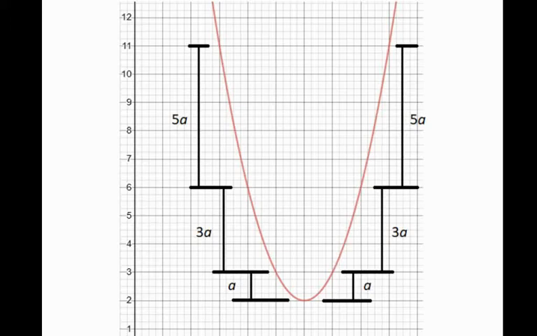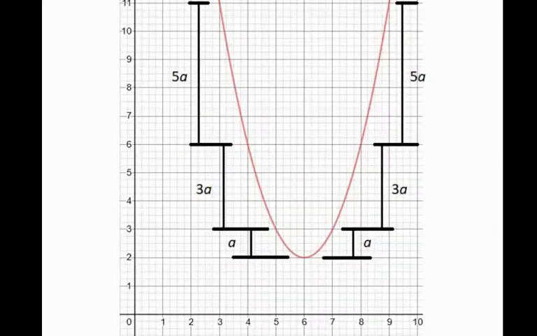So I'll move it down a little bit just so we can see the x-axis and the y-axis. So our vertex is at (6, 2). If we move one to the right, we get to 7, and it increases by a. And in this case, our a would be 1.